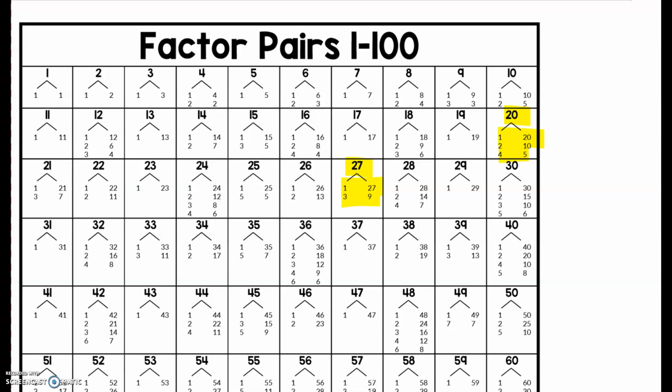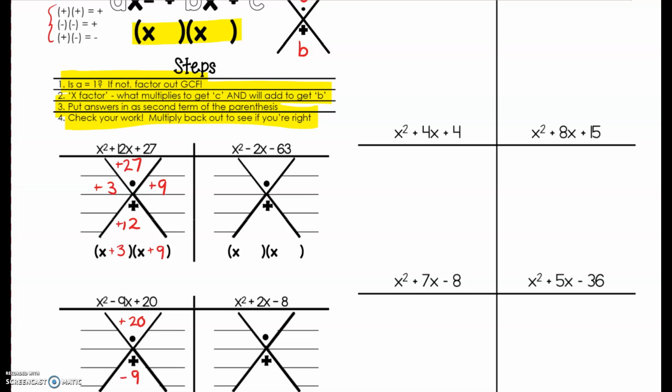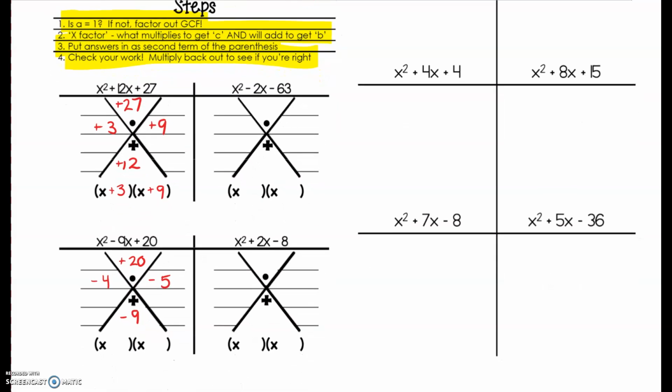So when I come back to fill in my X chart, I will fill in a negative 4 and a negative 5. I'm using two negative numbers because I want them to add to give me a negative 9. So negative 4 plus negative 5 is negative 9. Also, negative 4 times negative 5 is a positive 20.